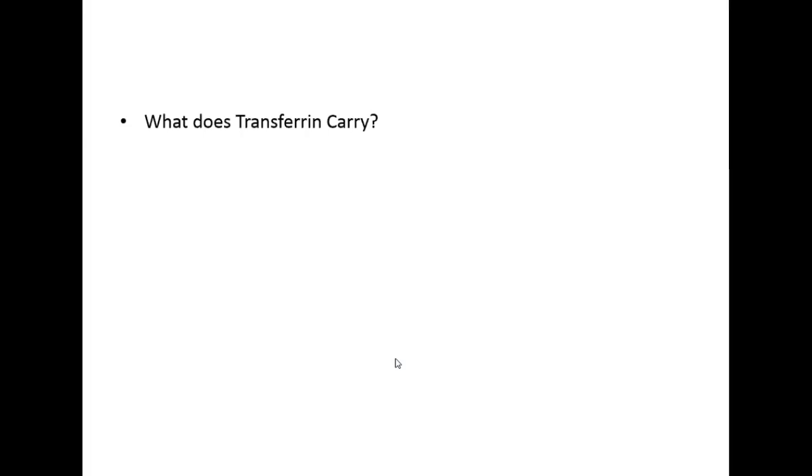What kind of iron? Ferric iron, iron plus 3. Ferrous is found in hemoglobin. Okay, close but yet so far away. Transferrin carries the ferric. The hemoglobin is the ferrous.